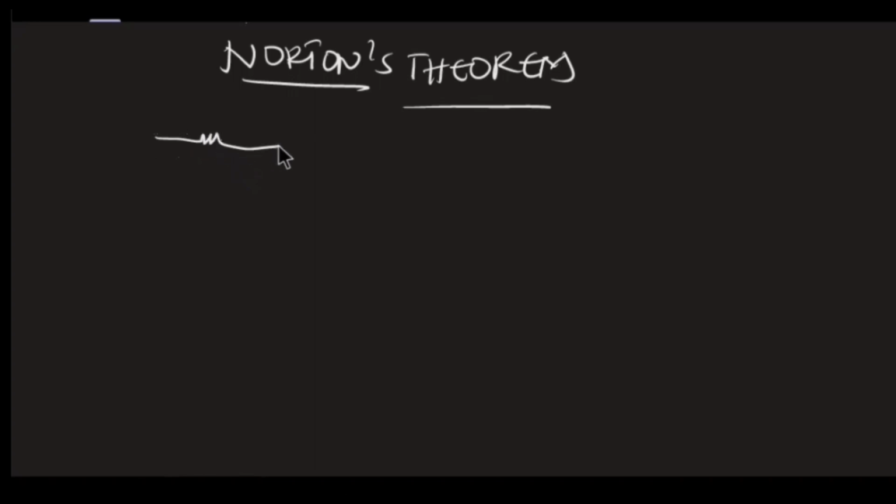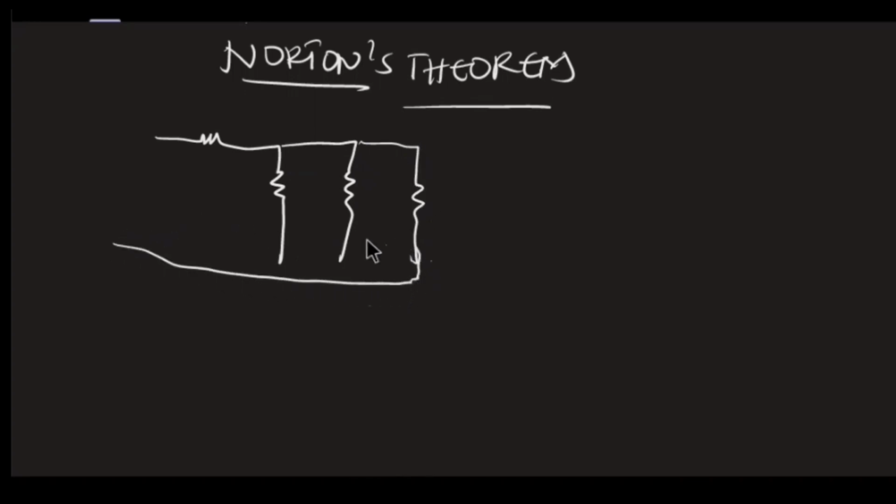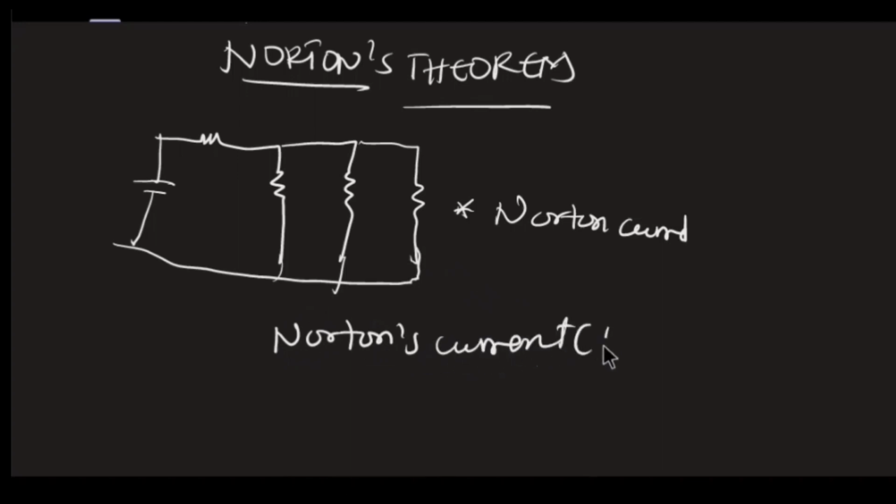So I showed you, if you have a complex circuit and they are all joined to a voltage source, and you want to find the current through one resistor, Norton's theorem is saying that a linear circuit here can be replaced by a Norton current, represented by IN, in parallel with a Norton resistance Rn.